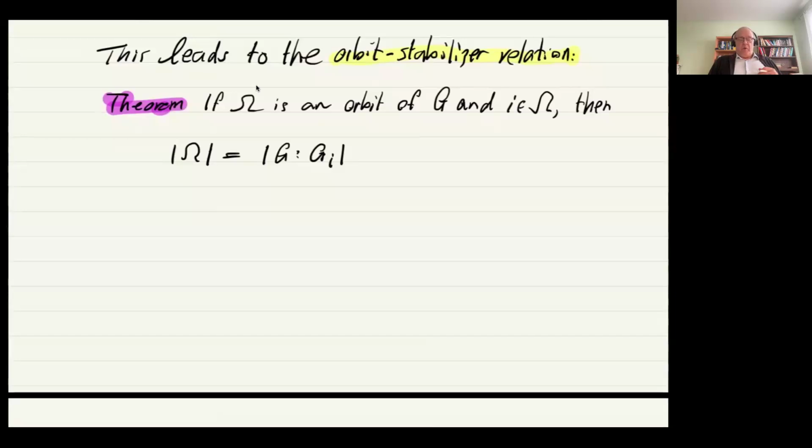And this is very important because when you're trying to determine the automorphism group of a graph, it's often not too hard to find a large bunch of automorphisms. Then you want to show there aren't any more.